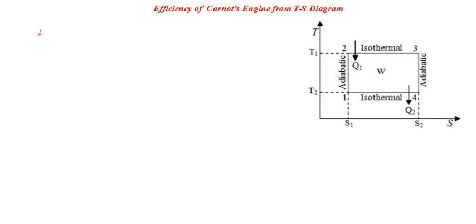Okay, so let's see that in this case the entropy gain during isothermal expansion. How much will that be? Entropy change during isothermal expansion. That is happening at a constant temperature, right? So at T1 it is happening, and it is reversible also.